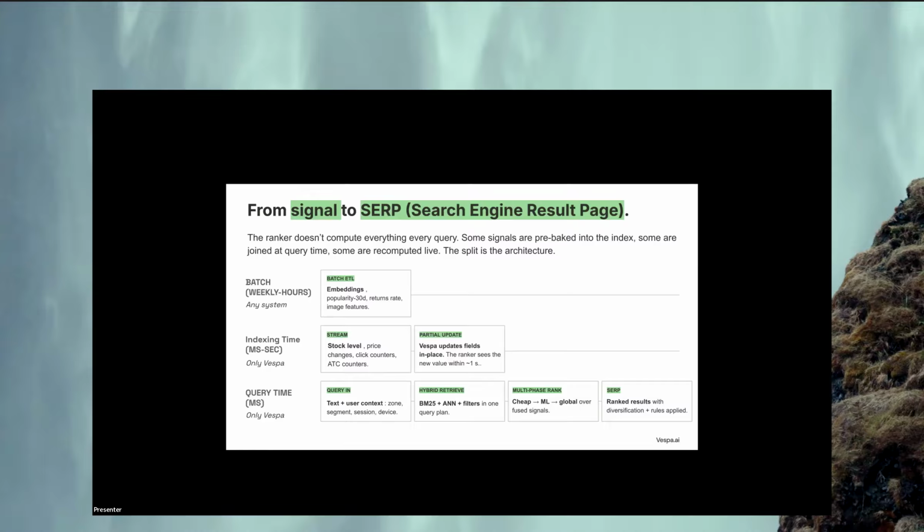And finally, in a global phase, we can re-rank over all of it, fusing the signals that include query time signals or the business rules that you want to apply. And finally, within milliseconds, we can return a ranked SERP with diversification and all your business rules applied. All of this in a single round trip.